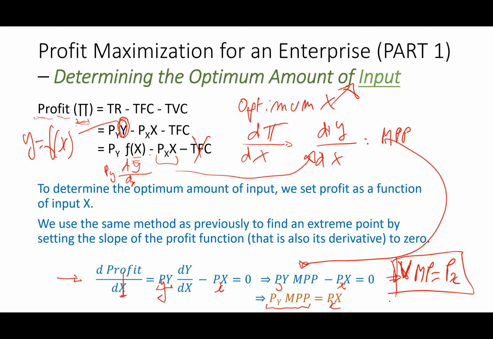The value marginal product is nothing but the value of the additional output being produced, because the value marginal product is the price of the output times the marginal physical product.